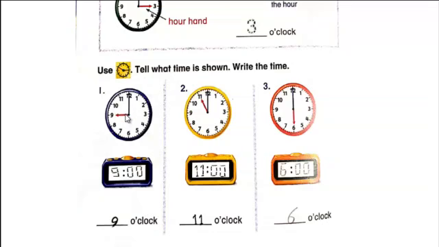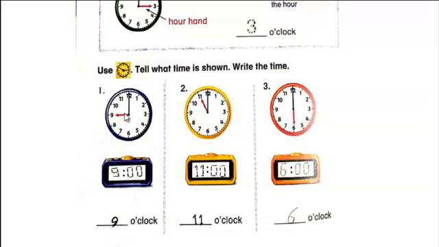As the hour hand is pointing to 9, and the long hand or minute hand is pointing to 12, when you write this on a digital clock, on the left side you will write the hour.